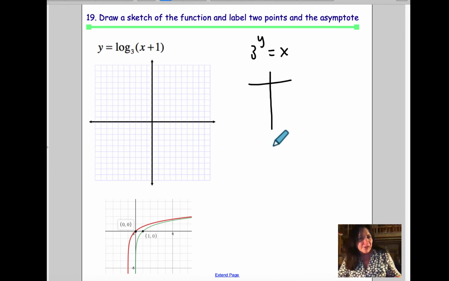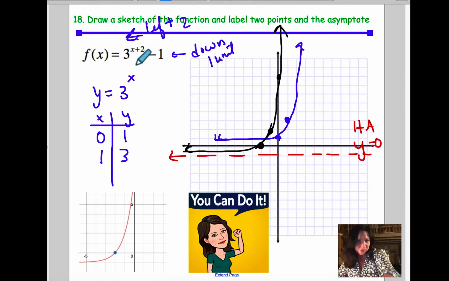Let's plot some points. Figure out where we're at. We have x, we have y. On the last page, what was my exponent? My exponent was x. See the x up here? If I have an x as my exponent, it's exponential, and I'm going to plug values in for x.